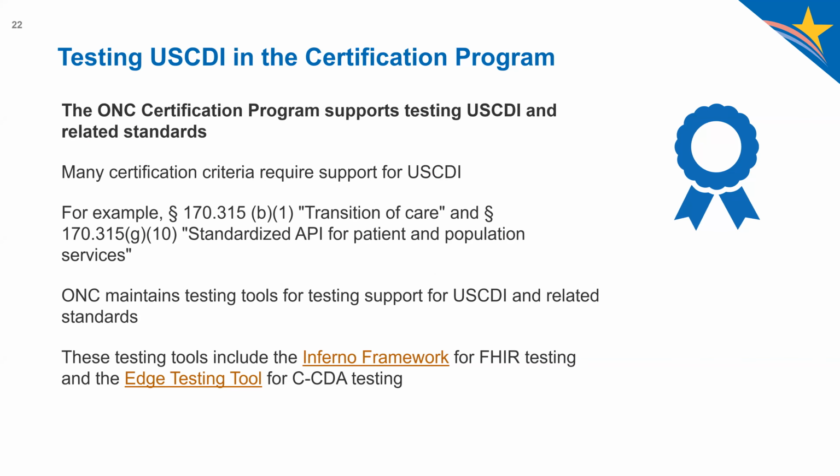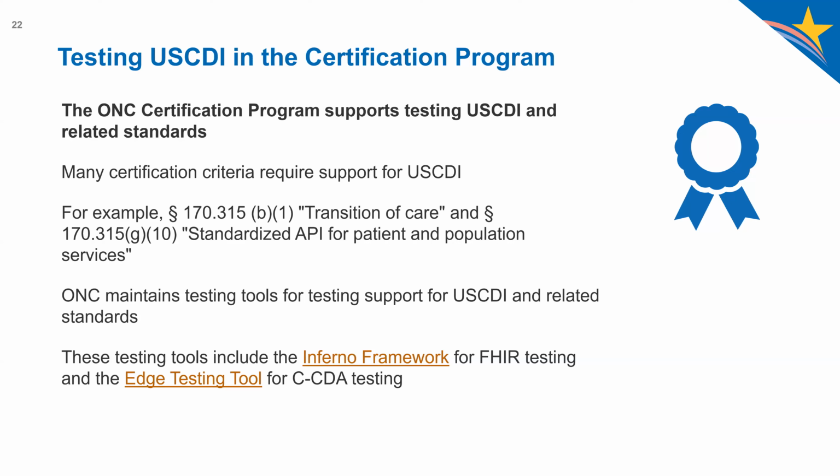Great. Thanks, Erin. Hello, I am Scott Bohan. I work at ONC in the Tools and Testing branch, and I'm here today to talk about testing in the ONC certification program. As mentioned earlier, the ONC certification program includes criteria which require support for USCDI.